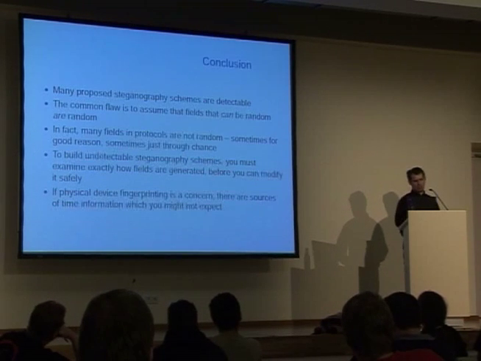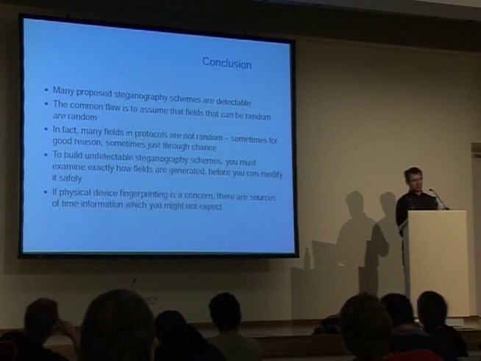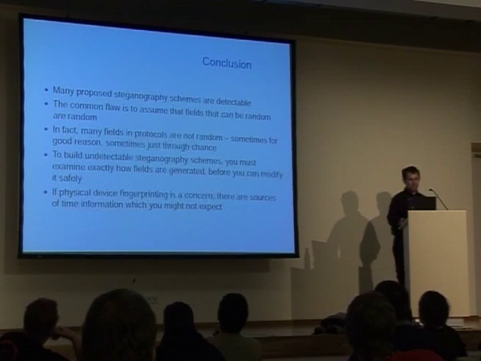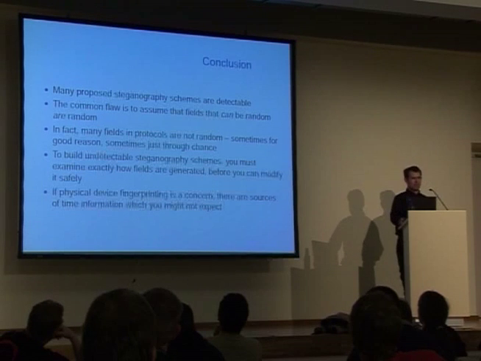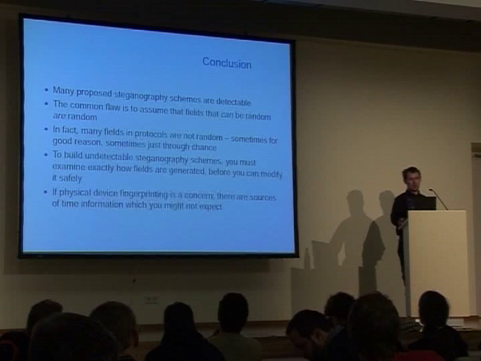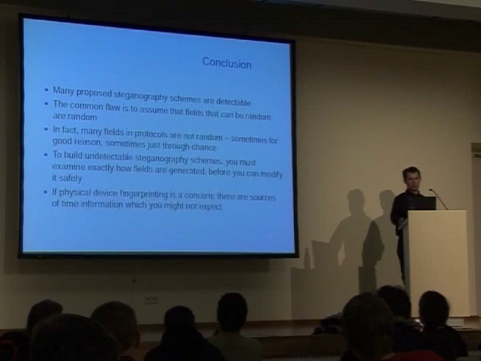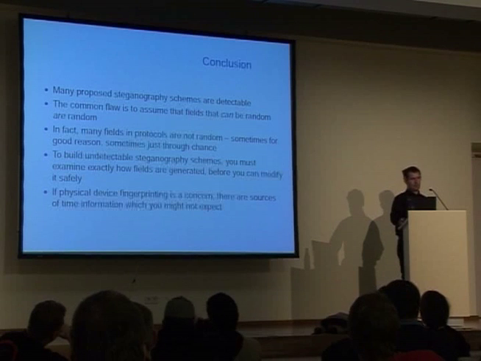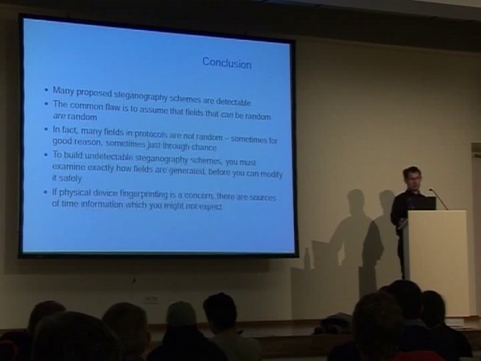Okay, so in conclusion, there are many proposed steganography schemes that are detectable. The main reason is that they look at the specification, which says that this field can be anything, it could be random, and then assume because it looks vaguely random, it is random. In fact, this isn't the case. In the case of Linux, the initial sequence number is not random for very good reasons.